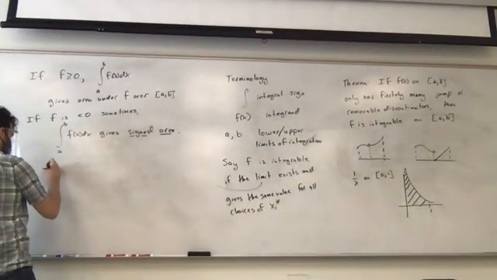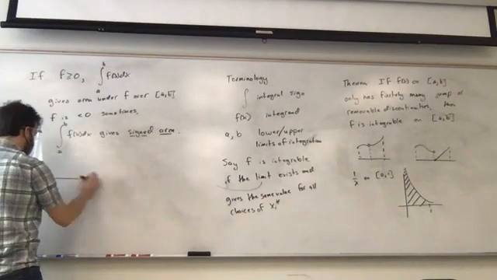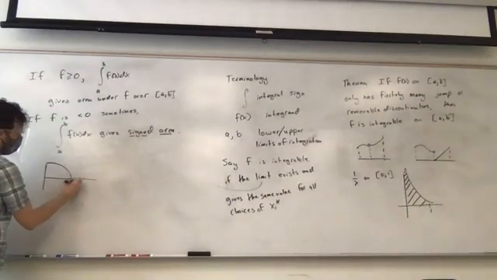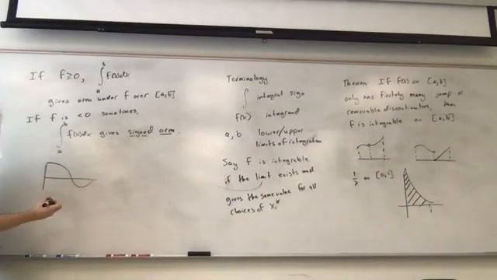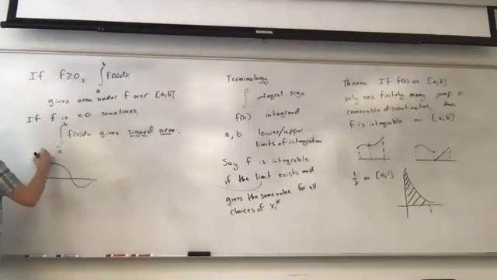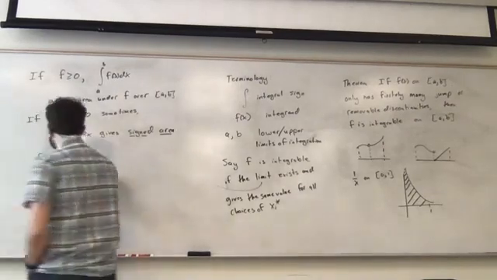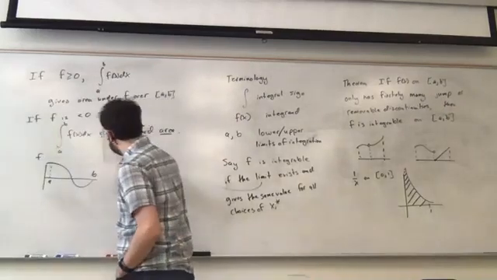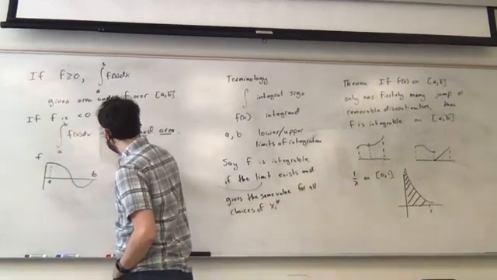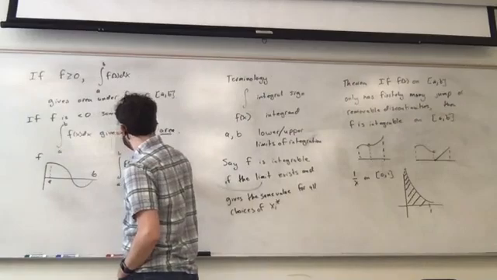So if we had, say, some graph that looks something like this. This is our function from a to b. Then what is the integral from a to b of this function?